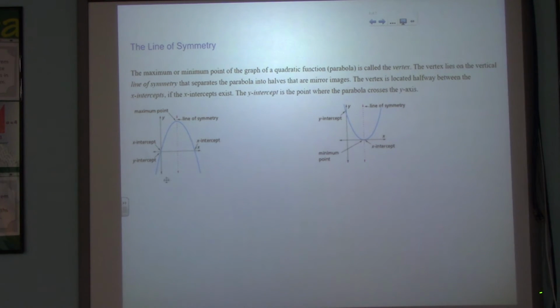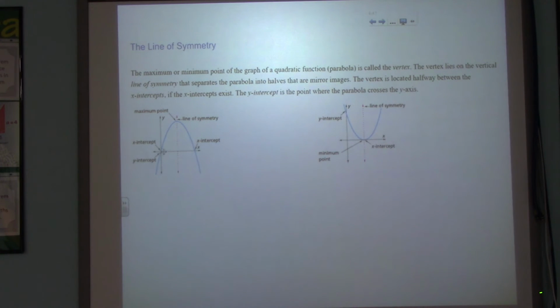Here, we're talking about all aspects of a quadratic parabola. Please go ahead and sketch two examples of the positive and negative coefficients to include their maximum points, their minimum points, and line of symmetry, but now you're including the y-intercept and the x-intercepts.